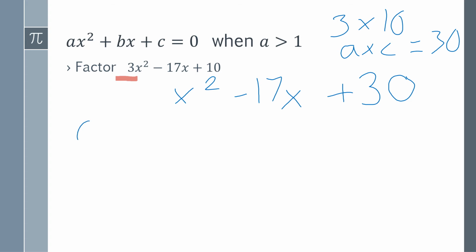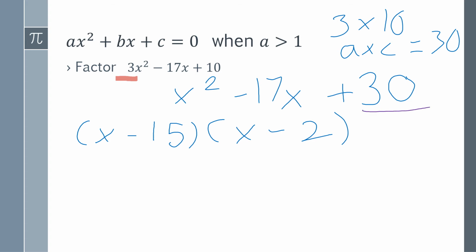So x minus 15 and x minus 2 are my winning numbers. Because when I multiply negative 15 times negative 2, I get positive 30.